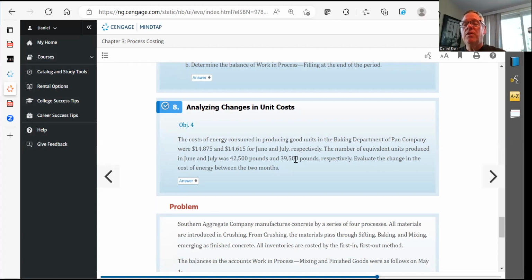So what we want to come up with here is the cost of energy, and we want to compare the two months, June and July. All we have to do is get the total cost and divide by the number of equivalent units, and that will give us the cost of electricity per equivalent unit. Then we'll compare the two.